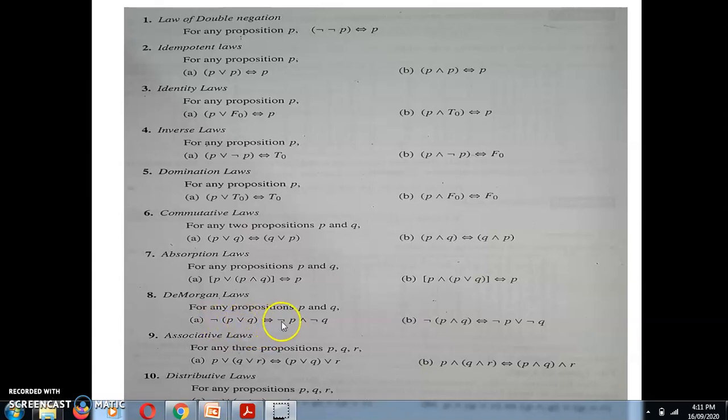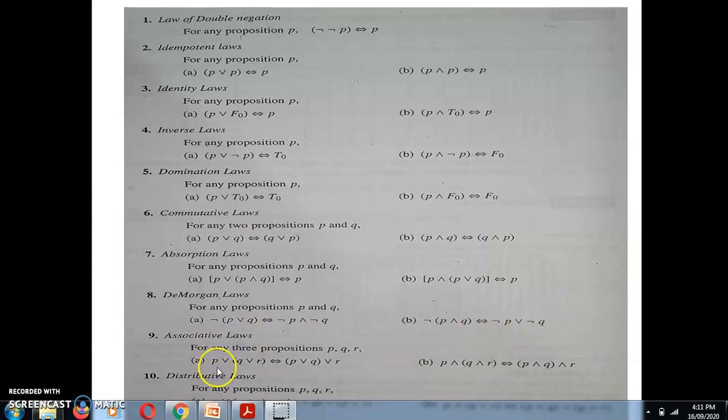Inverse of (p or q) is inverse of p, the sign is converted from OR to AND, and negation of q. So coming to the AND section, inverse of (p and q) is equivalent to inverse of p, or, the sign is changed from AND to OR here, inverse of q.